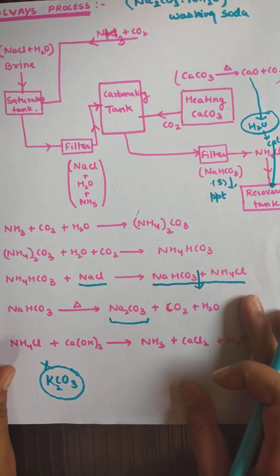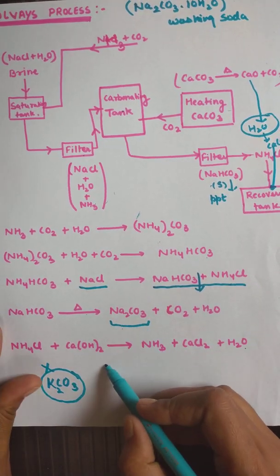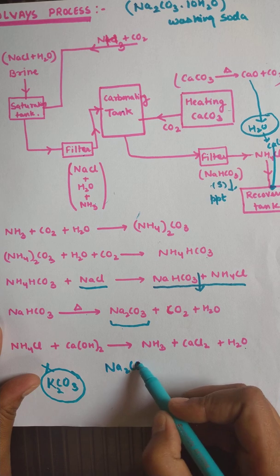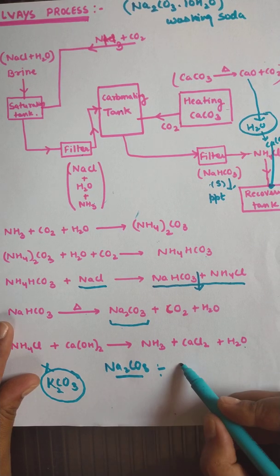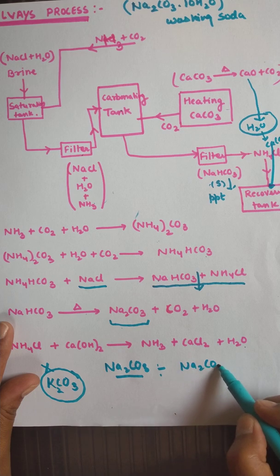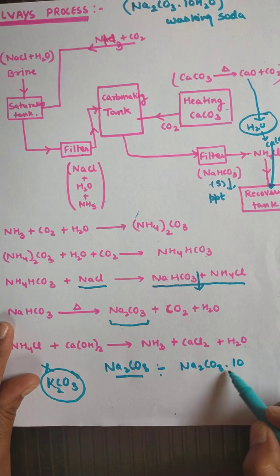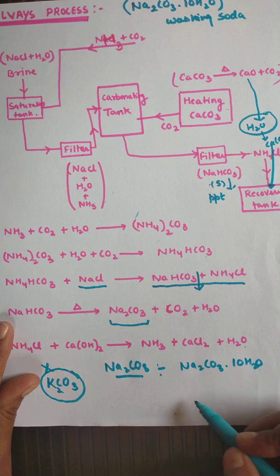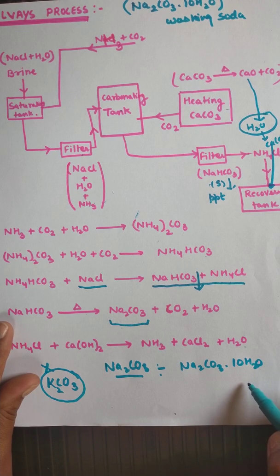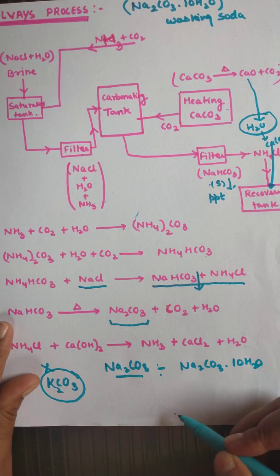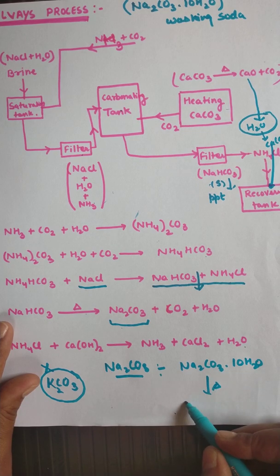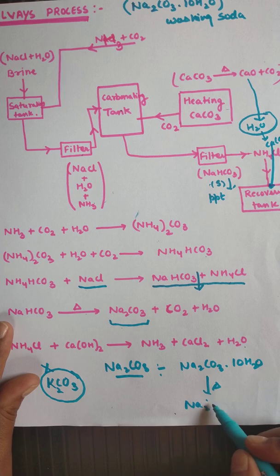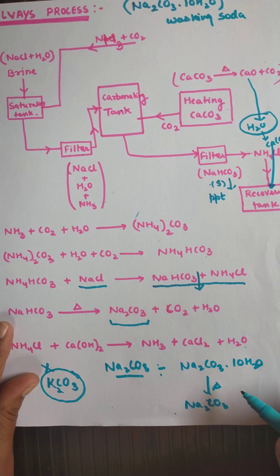Now students, we will discuss the properties of sodium carbonate. Sodium carbonate is a white crystalline solid, and it generally exists as sodium carbonate decahydrate. It is also called washing soda, and it is readily soluble in water. On heating, we again get sodium carbonate only, and all the water molecules get evaporated.